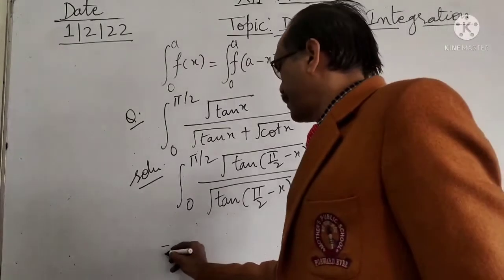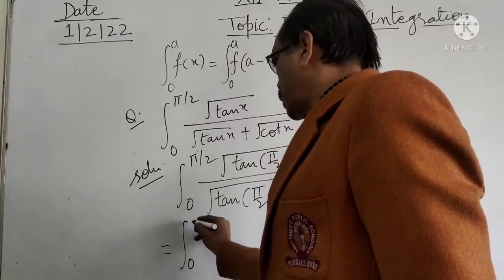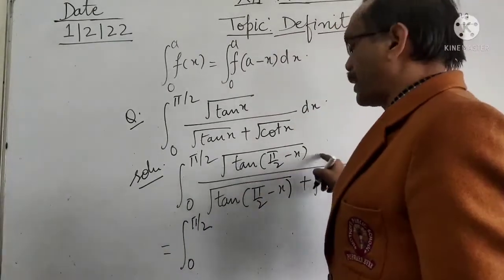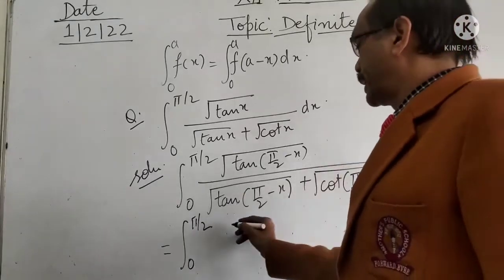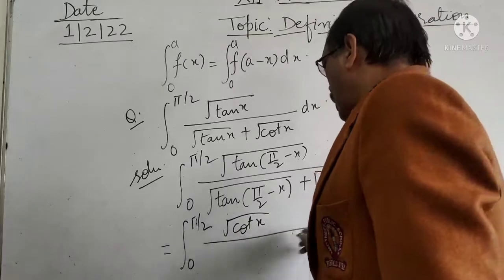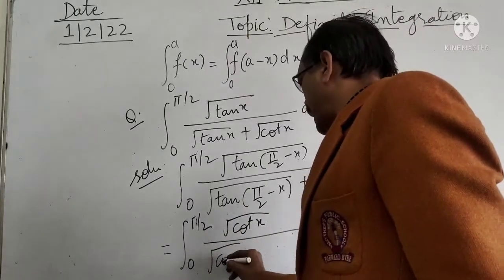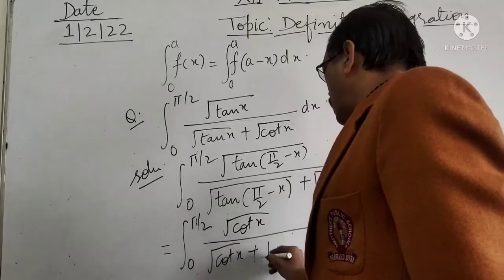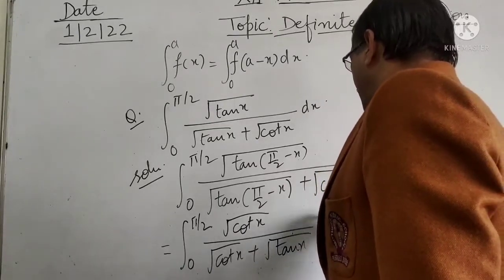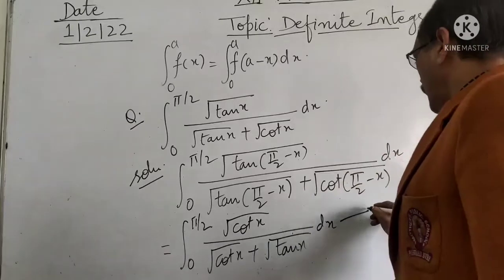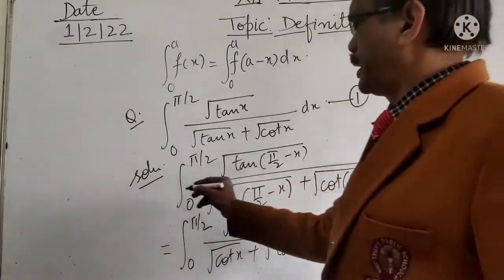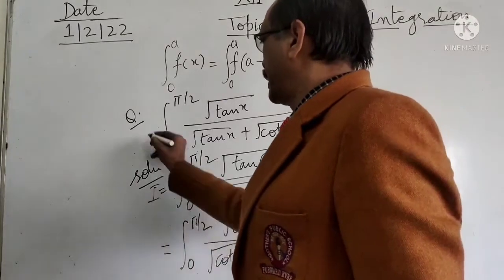Then here it is 0 to pi by 2, where root tan (pi by 2 minus x) is root cot x. It is root cot x upon root cot x plus root tan x dx. Let this be equation 2 and this equation 1. The integration is supposed to be I.